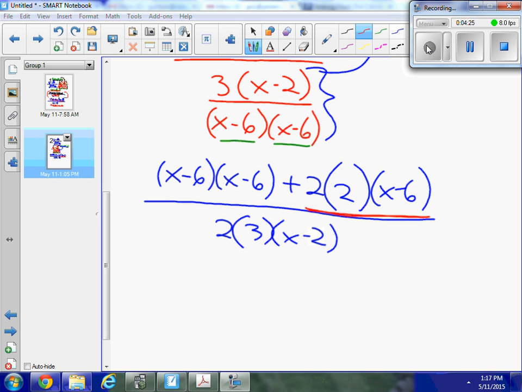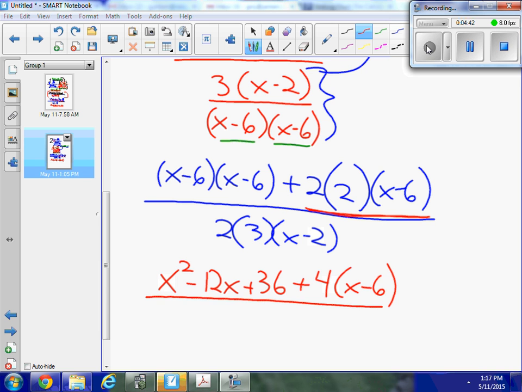So x minus 6 times x minus 6 is x squared minus 12x plus 36. And then I'm going to add to that 4 times x minus 6. And that is going to be divided by 2 times 3, which is 6. And I'm going to leave the x minus 2 in factored form.